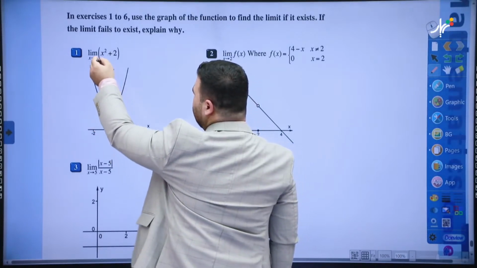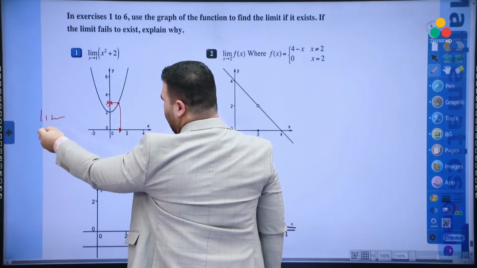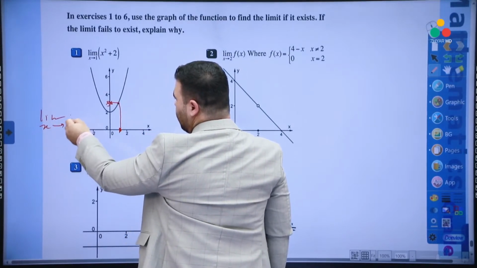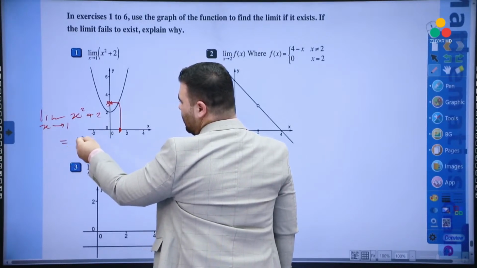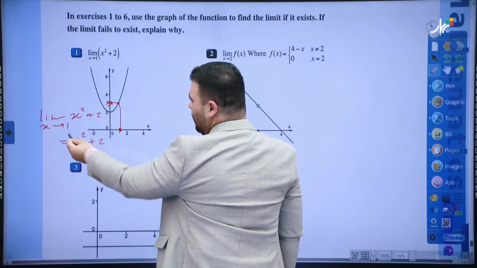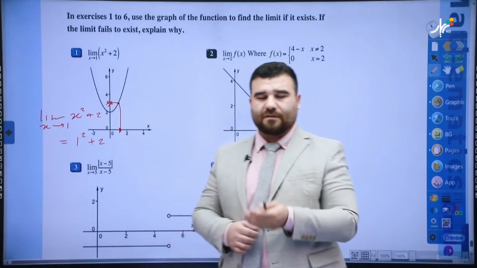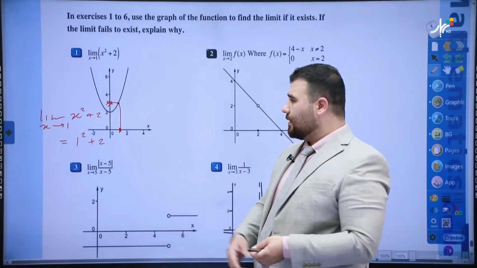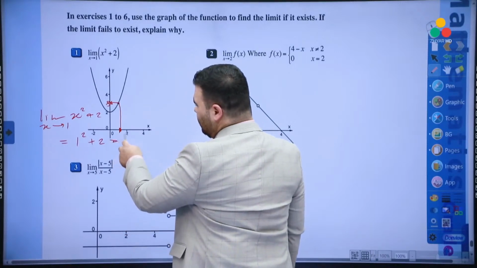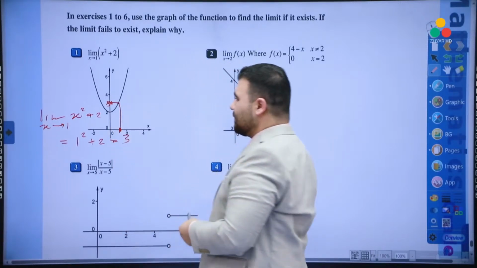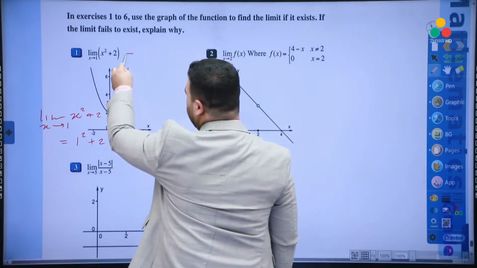Or we can directly put 1 here: the limit as x approaches 1 of x squared plus 2 is equal to 1 squared plus 2. This is direct substitution because the function is not a fraction, so it is not 0 over 0. Then 1 squared plus 2 is equal to 3. This limit exists because the graph is one piece, and the result of the limit is equal to 3.